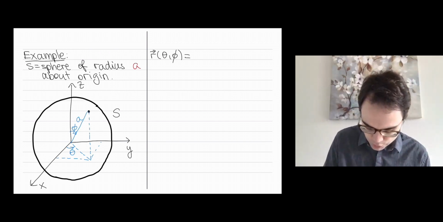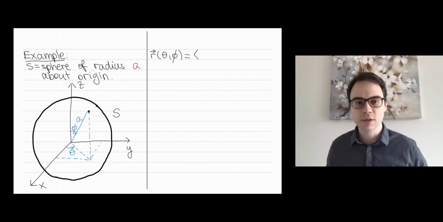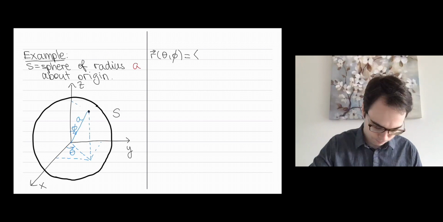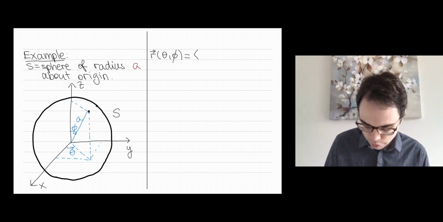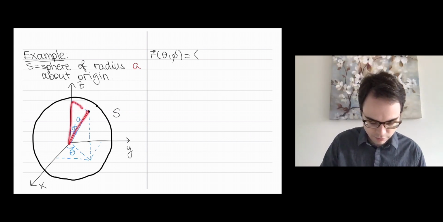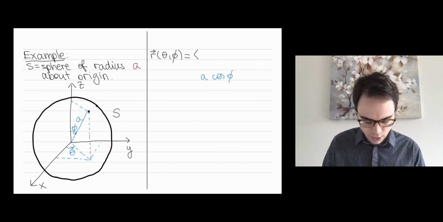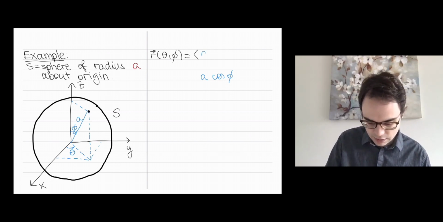So the parametrization is going to be, let me recall the formulas for these coordinates in spherical. The easy one to remember is z. So z is just a times cosine phi. For the harder ones, they're going to involve a sine phi.